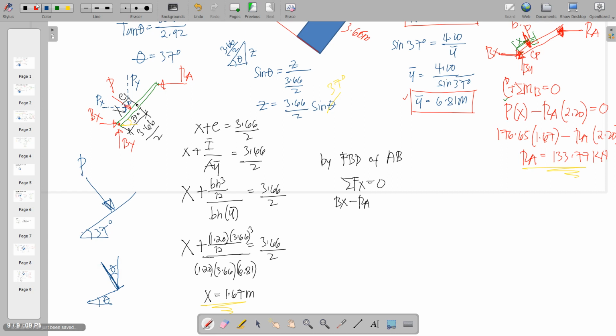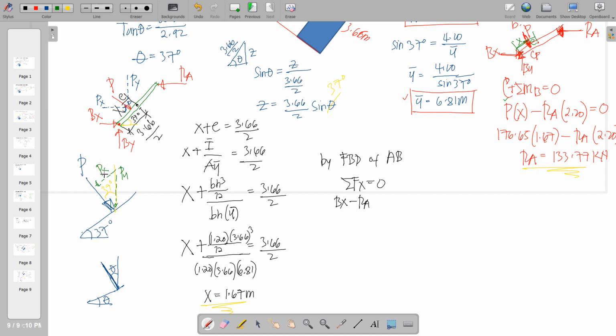So in this case, we just create a vertical line, and this shall be also 37 degrees. Hence, this is Py, and this is Px.